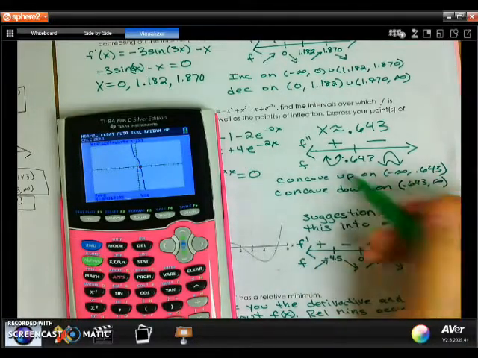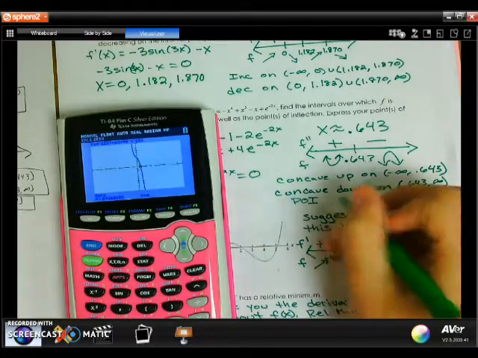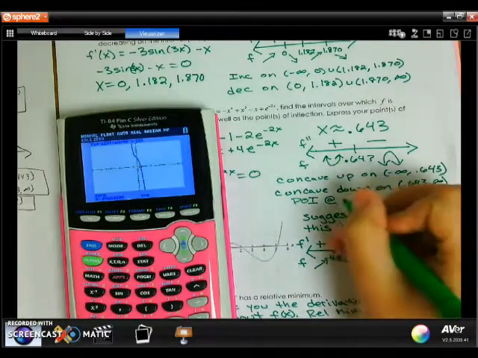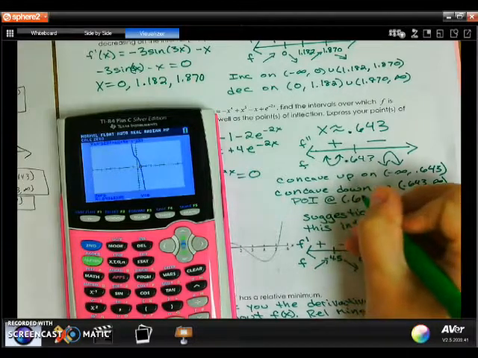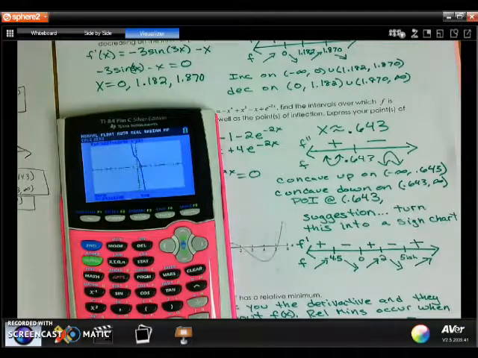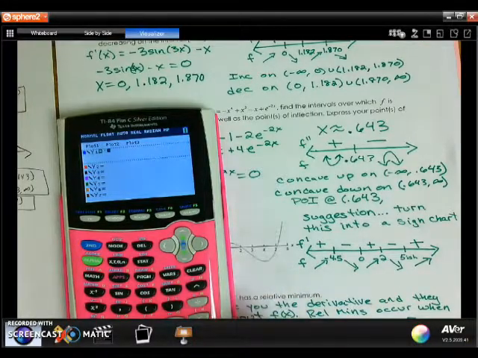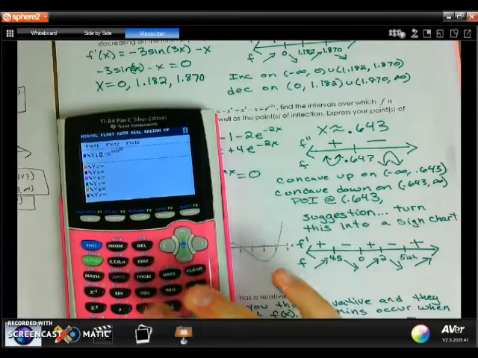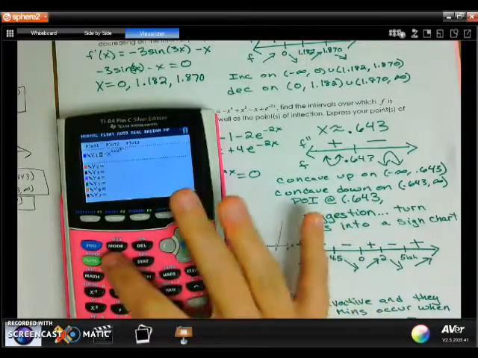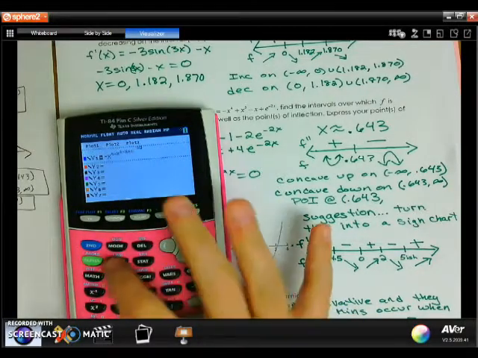Like that. So, because it did switch concavity, I can conclude that there is a POI at that 0.643. Now, how do I get the y value for that point of inflection? What I would do is go back to your y equals and type in the original, that negative x raised to the 4th plus x raised to the 3rd minus x plus e to the negative 2x.